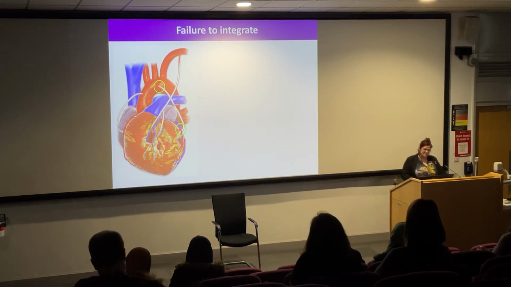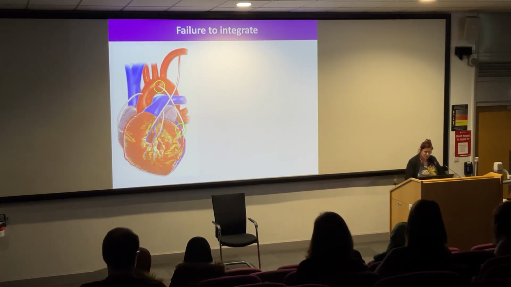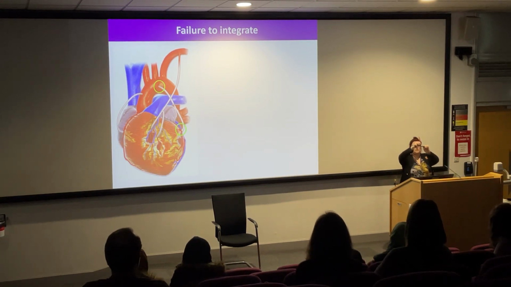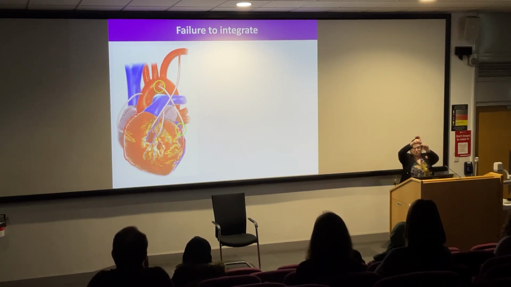Right. So failure to integrate, I mentioned it's going to be focusing at these points here. So this is where you get that kind of join like that. And you can imagine if you've got a join like that, your smooth muscle cells that are in here are going to have to migrate and proliferate and change their phenotype to be able to integrate and to make that join solid.